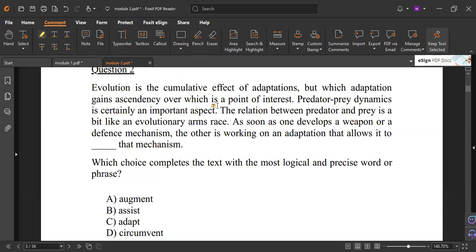After reading, you will find as soon as one predator develops a weapon or a defensive mechanism, the other one will find a way to adapt, working on adaptation. Adaptation that allows it to do what with the mechanism?